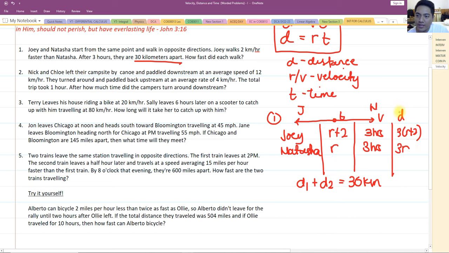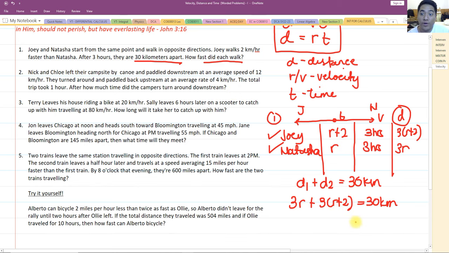So for Joey, the distance is 3 times r plus 2, and for Natasha, 3r, again from the formula RT. So we have 3 times r plus 2, plus 3r, equals 30 kilometers. The problem is asking how fast did each walk, so we are asked for the rate, or r.